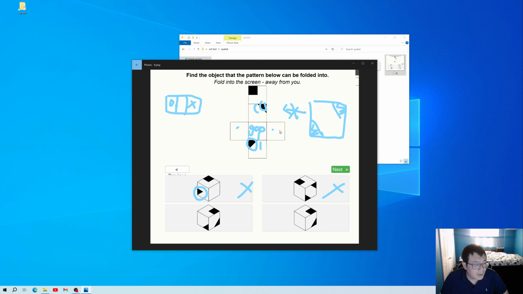So the two triangle ones will be on opposite sides, which means you're only going to see one of them at a time. You're never going to see two of them together, because they're on opposite sides. You can see one side, you cannot see the other side.